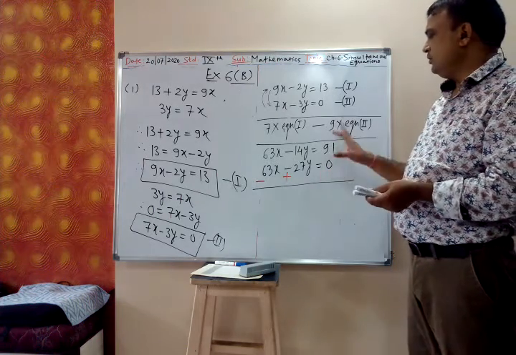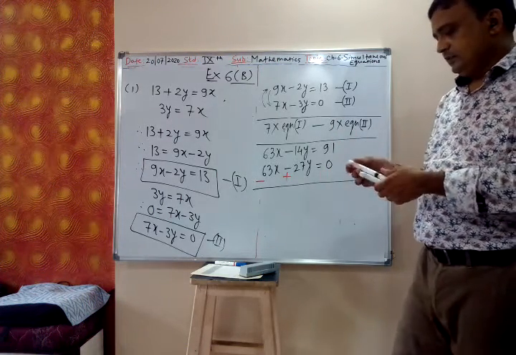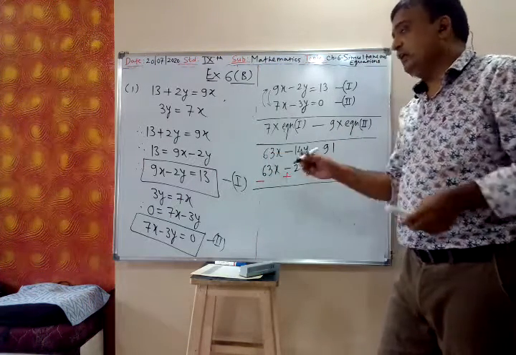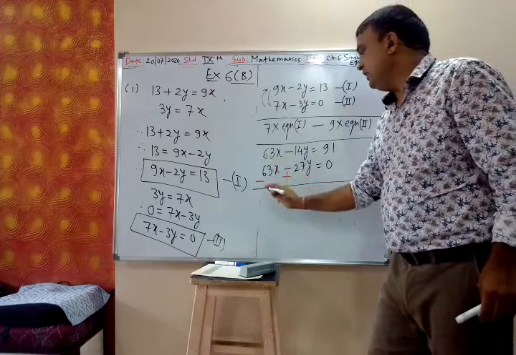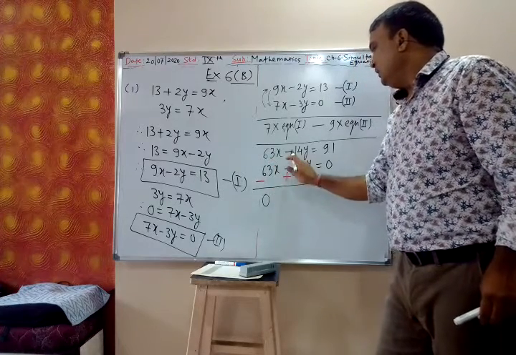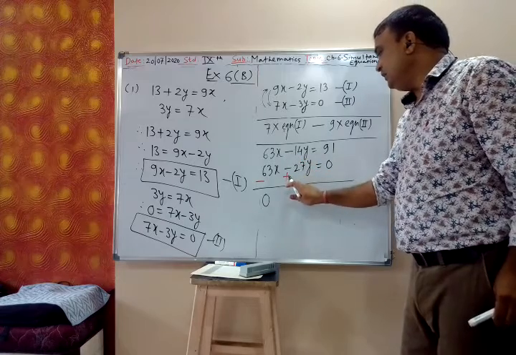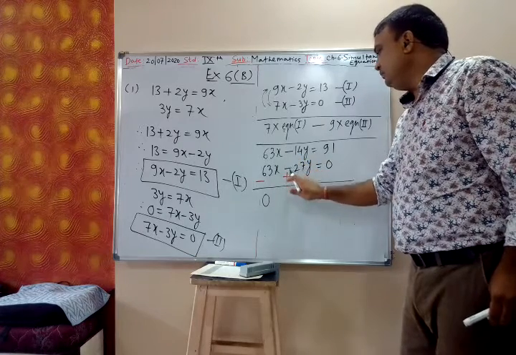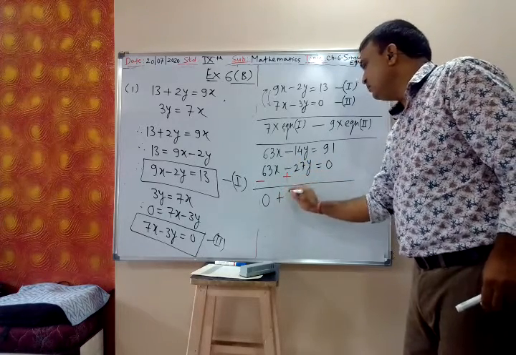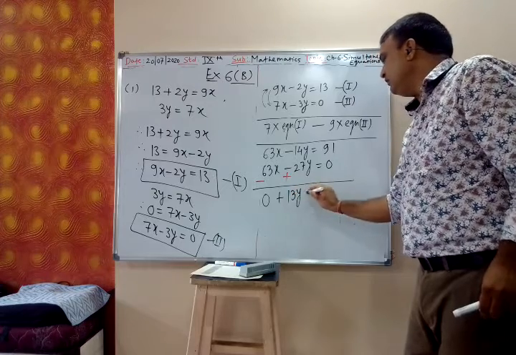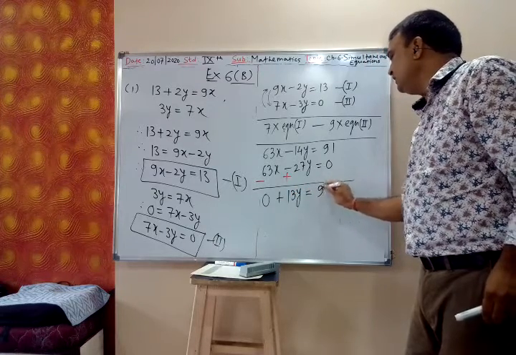You can write minus 0, no problem. So now take the new sign. 63x minus 63x, 0. Then minus 14 plus 27 is plus 13y is equal to 91 minus 0, 91.